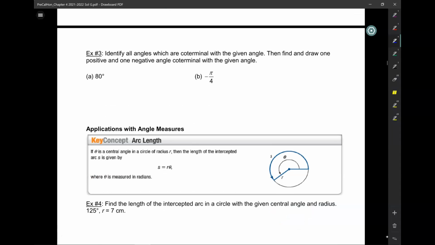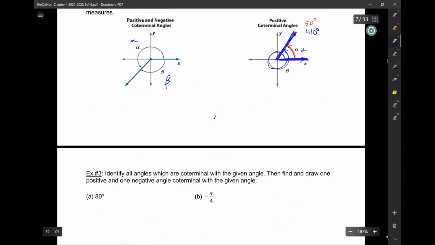So what's another way to do the same thing? If I started here, how much would I have to go around to get back to the same place? 360. And does it matter if I go clockwise or counterclockwise? No, both ways I would end at the same place.